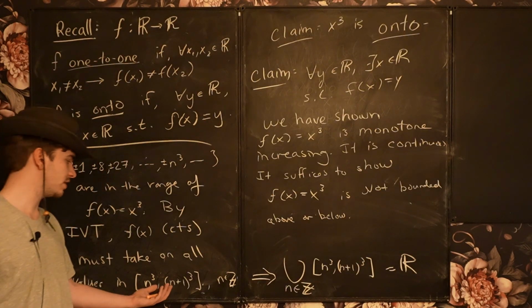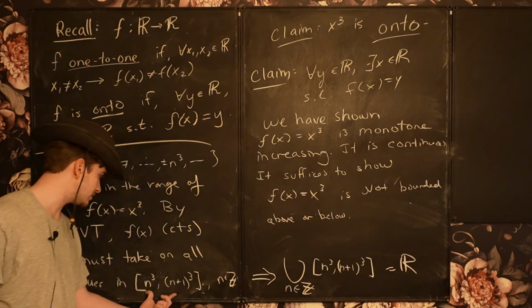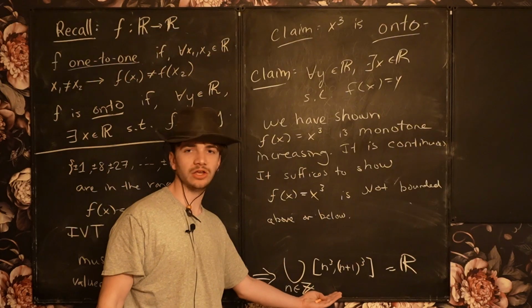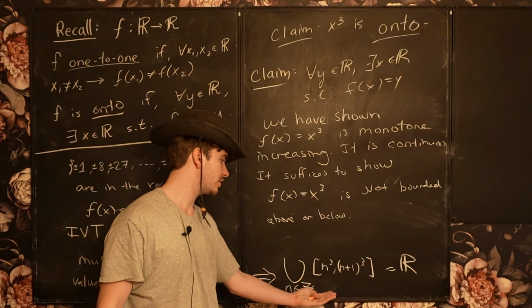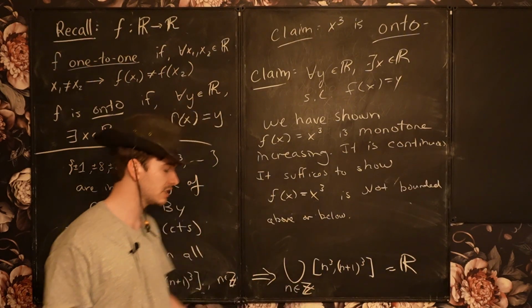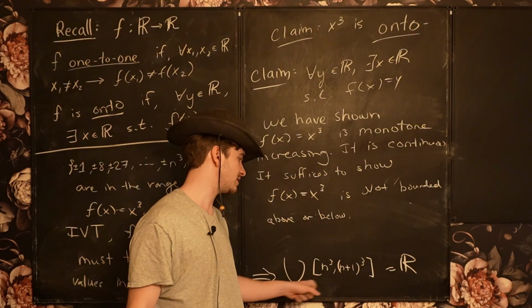What that tells me is that since it takes on values on all of these intervals, it must hit their entire union, because any element in this union belongs to one of these intervals and therefore is hit by the function f.